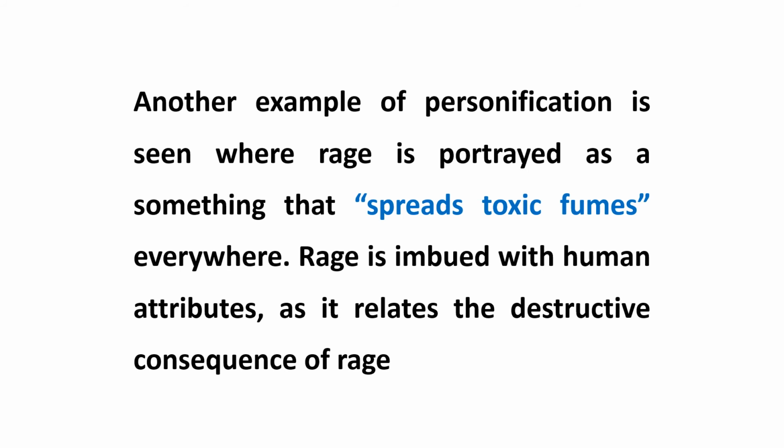Now, when I say toxic, I mean something that is harmful, harmful to health, or something that is dangerous, that is negative. So rage spreads toxic fumes everywhere, not just in some places. It spreads toxic fumes all around you, and it is given human attributes, just as the poem relates the destructive consequence of rage.